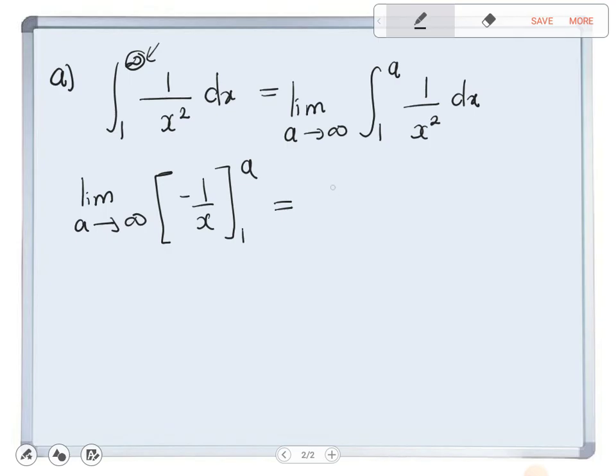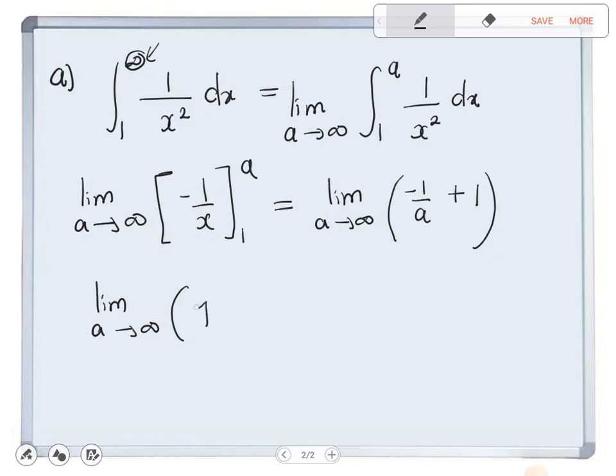We replace there and end up with negative 1 over a plus 1. You must be able to replace inside, right? So this gives us the limit as a approaches infinity of 1 minus 1 over a. Where there is a, we substitute infinity, giving 1 minus 1 over infinity.